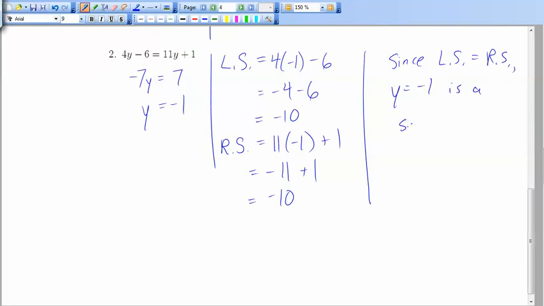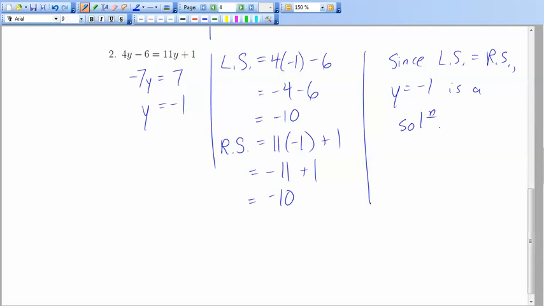Now, this is very simple, and of course, it seems like a lot of overkill just to check our solution. We're just doing it for now to practice that, since it's a new skill, and this format that I want you to use is incredibly important. So I want you to practice it and be very good at it. However, in the future, we're going to solve a lot more complicated equations, and there will be certain values that show up for various reasons that turn out not to be solutions to the equation.